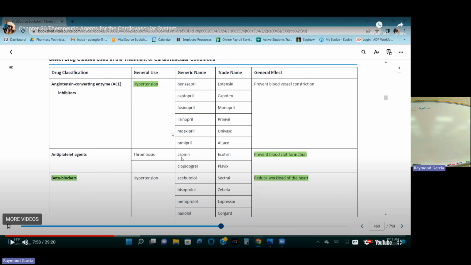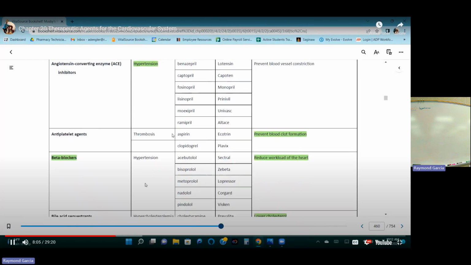The doctor will prescribe them an 81 milligram aspirin. And you also have clopidogrel, which is also an antiplatelet. Aspirin, clopidogrel, Ecotrin, which is aspirin. And that just means that it keeps the blood from clotting.